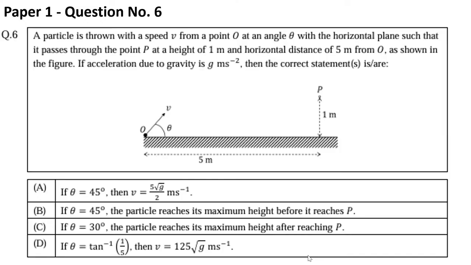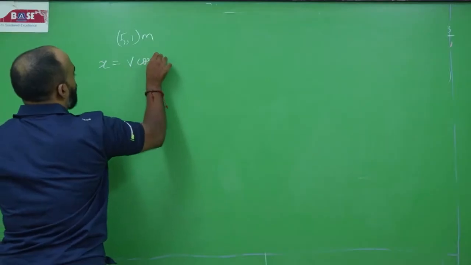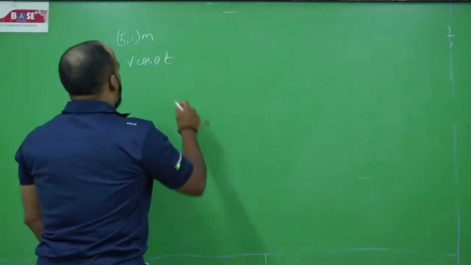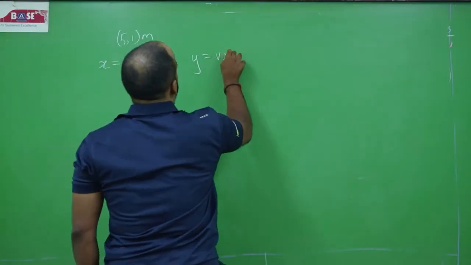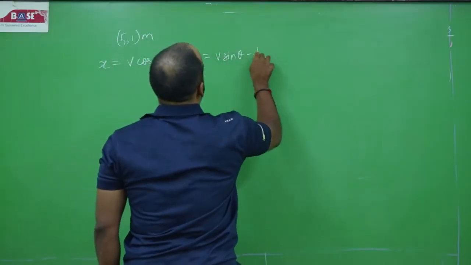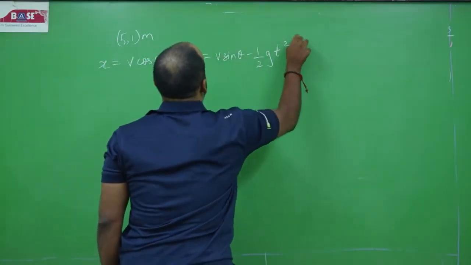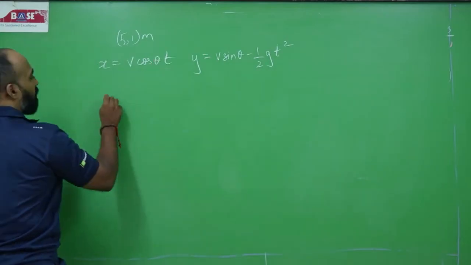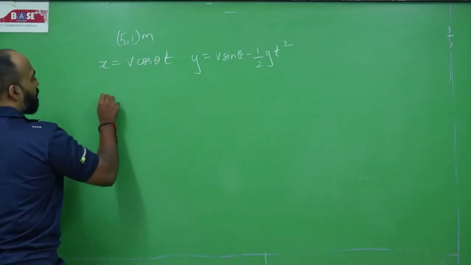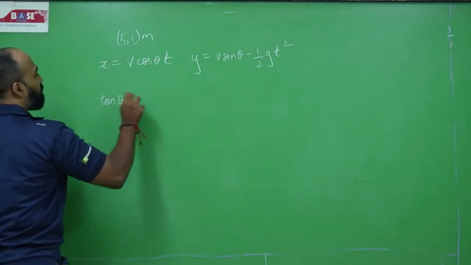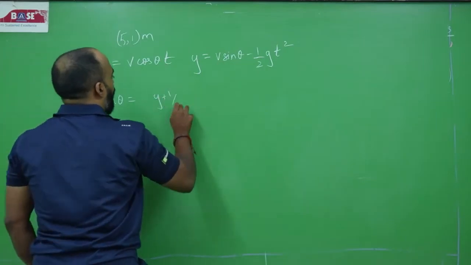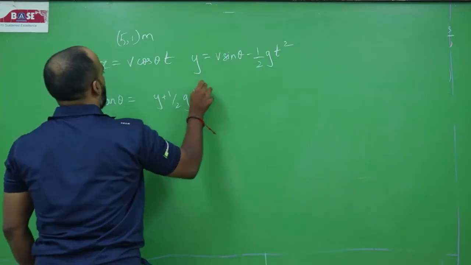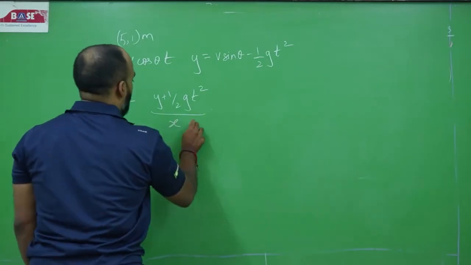So I'll just start with the x, y equations. Initial velocity, and for y, half g t square, and write tan theta as y plus half g t square by x.